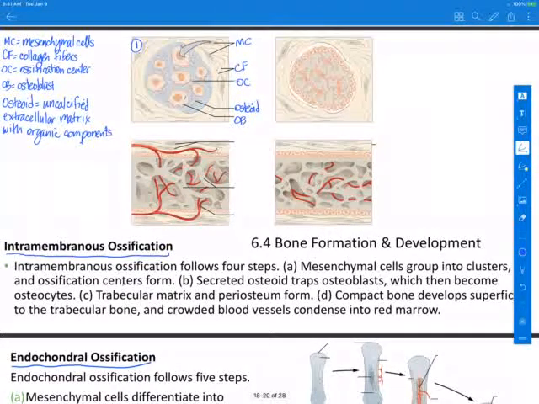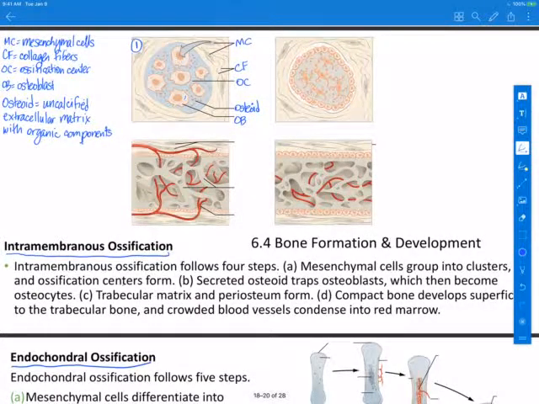And the intramembranous ossification forms flat bones of the face, most of the cranial bones, and the clavicles. And so this type of bone formation doesn't happen everywhere. Ossification starts at about week 6 or 7, and remember the embryonic period is from conception through week 8. Okay, so we're going to focus on intramembranous ossification first of these two osteogenic pathways.